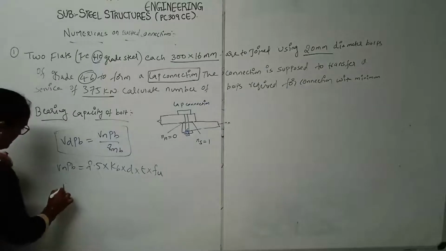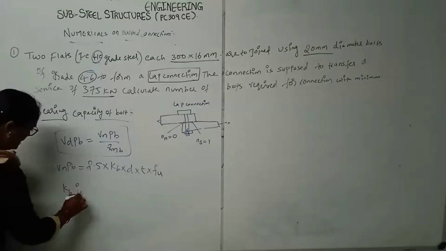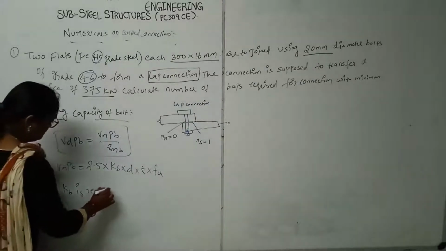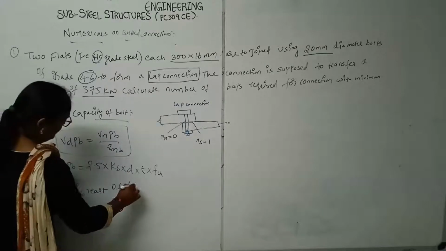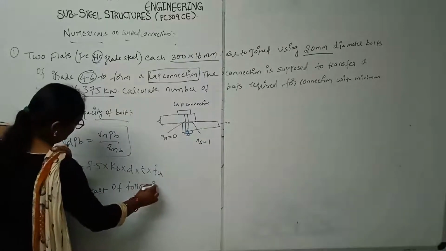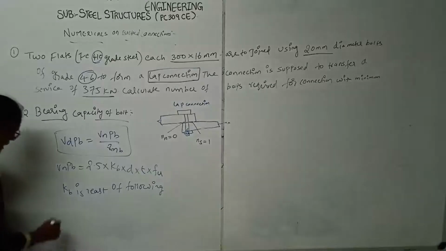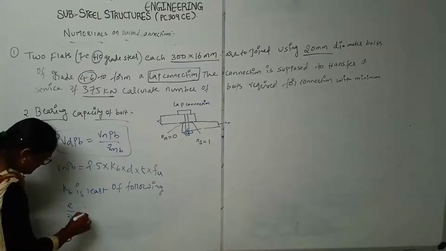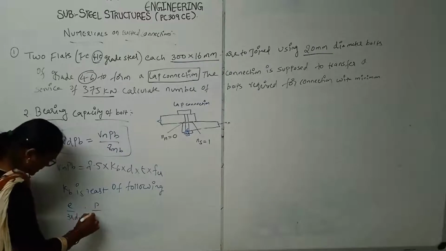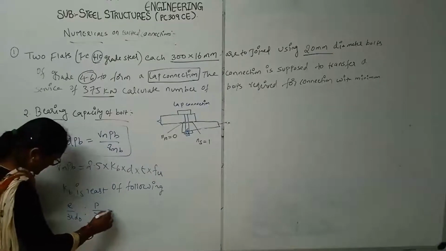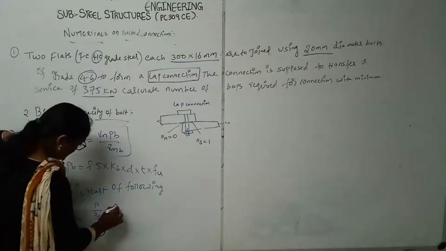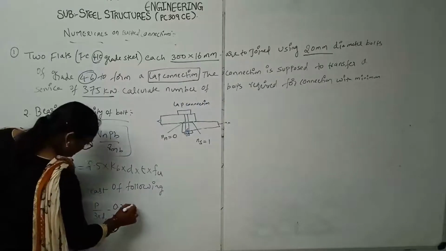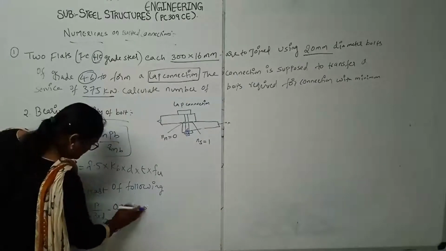So here KB is the least of the following: E by 3D naught, P by 3D naught minus 0.25, 1.0.